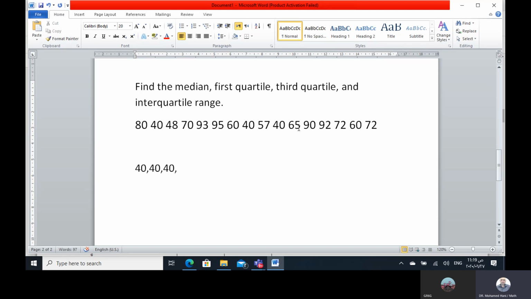Then after 40, we have 48. Then we have 57. After 57, we have 60. Here we have 60, and here we have it 2 times. Then we have 65. Then after 65, we have 70.